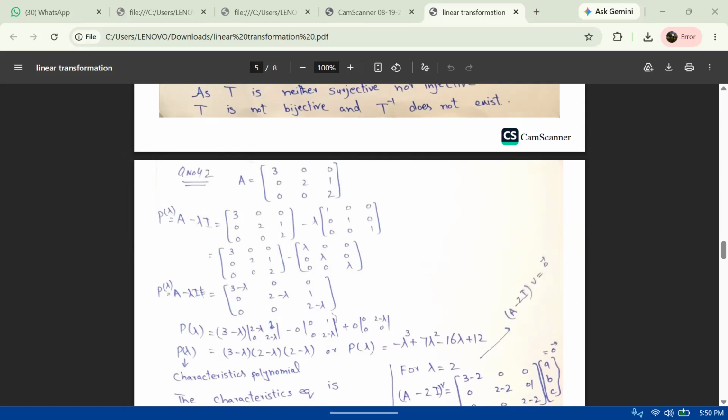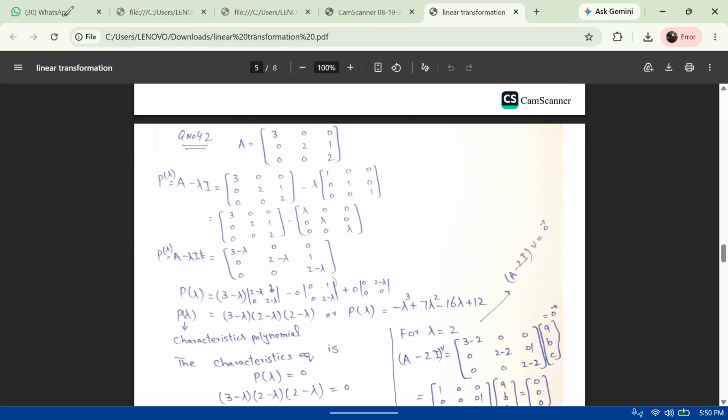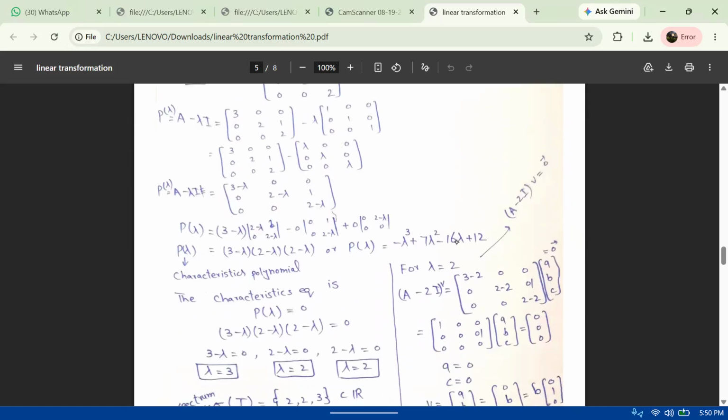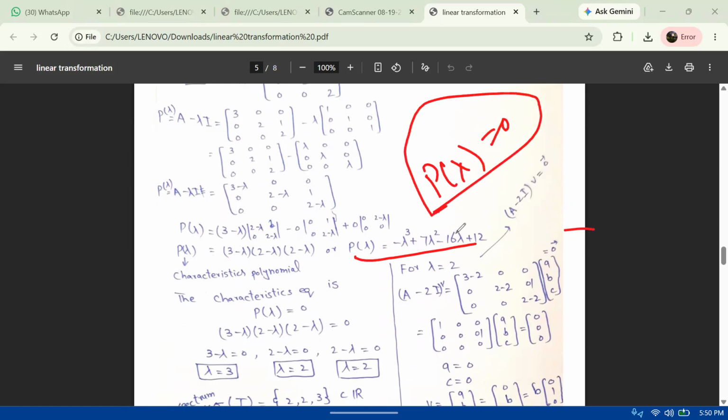After finding the characteristic polynomial, you have to put it equal to 0. You have to put p of lambda equal to 0. When you put this characteristic polynomial equal to 0, you get the eigenvalues. So it's 3 minus lambda, 2 minus lambda, and 2 minus lambda, equal to 0.